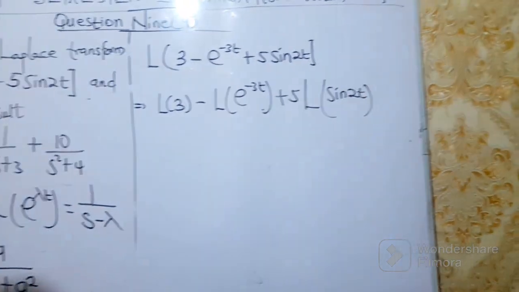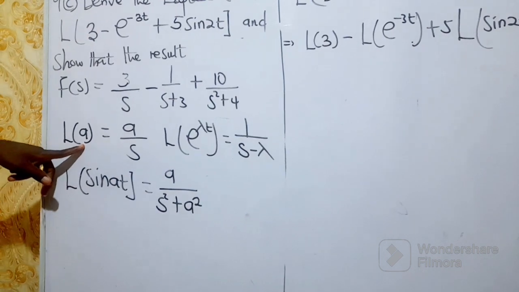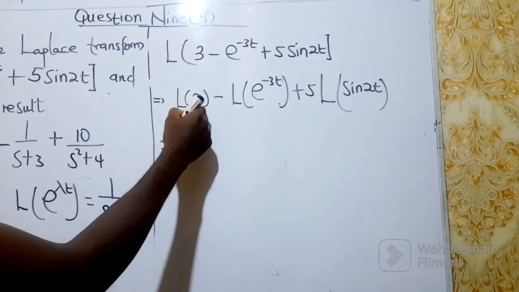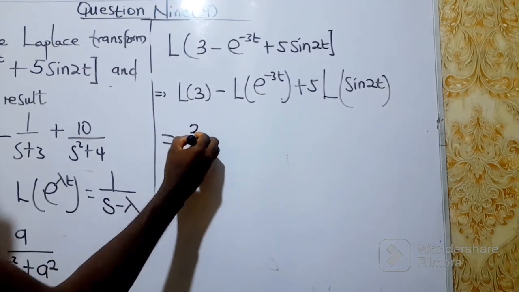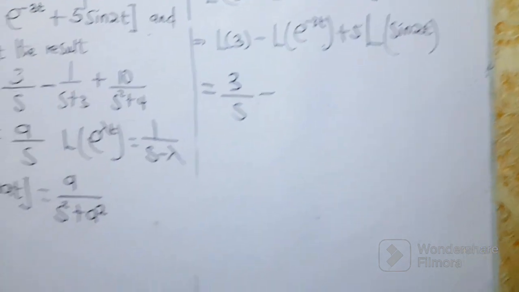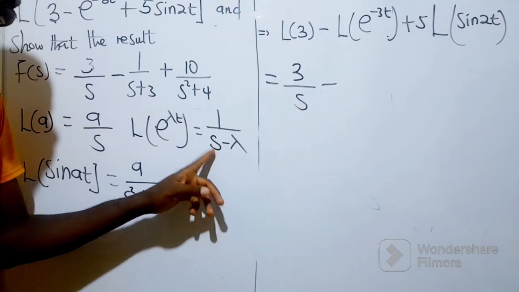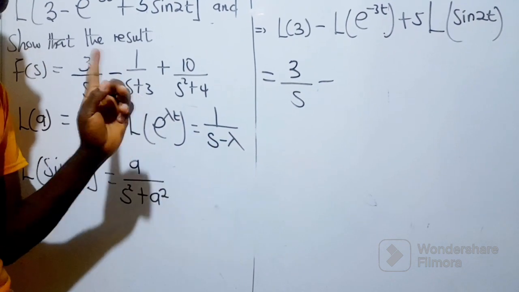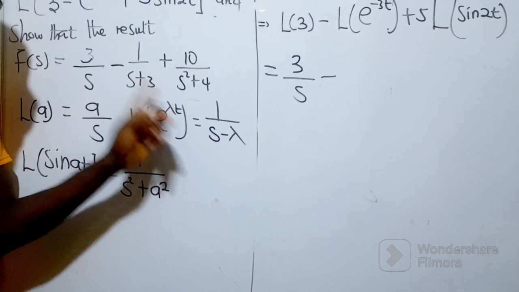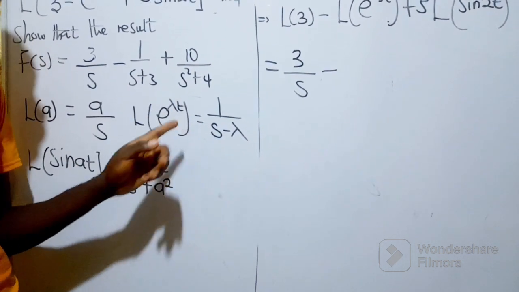So that's how we do it. Remember, we said the Laplace of a constant is the constant over s. Then we can say that the Laplace of 3 will just be 3 over s for the first one, minus, remember also we said the Laplace of an exponential function is 1 over s minus the coefficient of the variable t in the exponent.